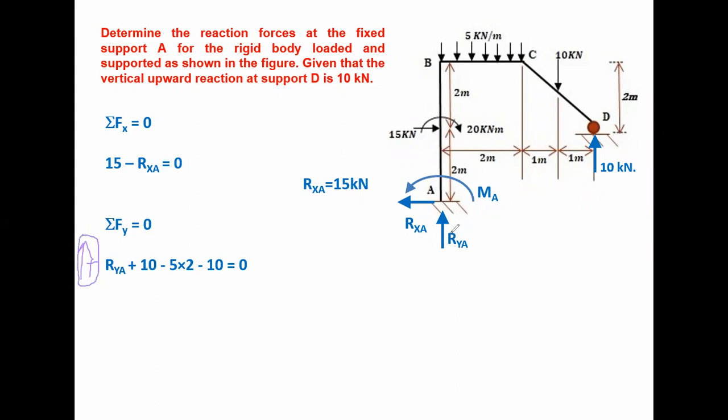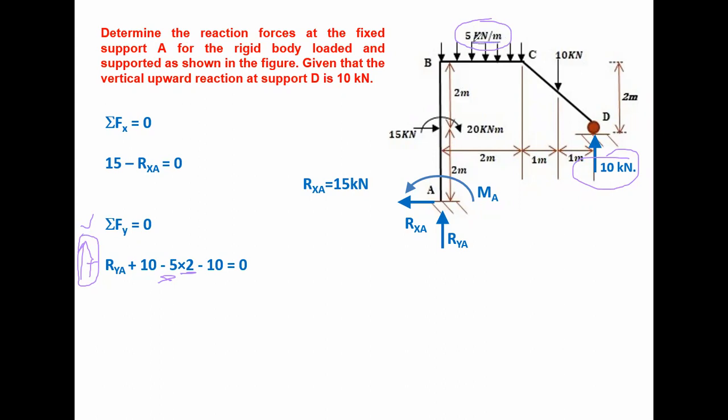So Rya plus this 10 kilonewton, it is also acting vertically upward, so plus 10, minus this 5 kilonewton per meter is a force in downward direction, so it is not matching with our sign convention, so we will take minus sign for this one. So minus 5 into 2. Why 2? Because this 5 is intensity. Its unit you can see as kilonewton per meter.